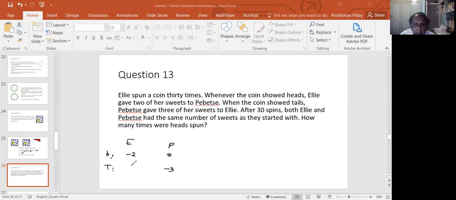Now, after 30 spins, both Ellie and Pabetse have the same number of sweets. You've got 30 spins, but you don't know how many heads and how many tails there are.